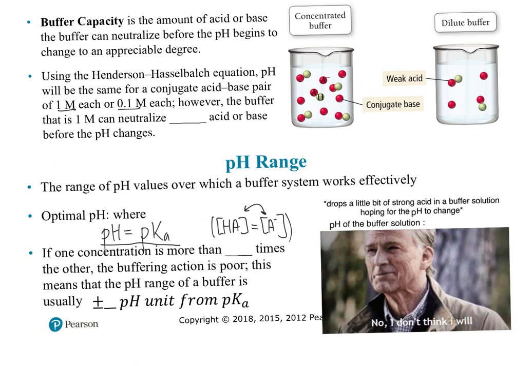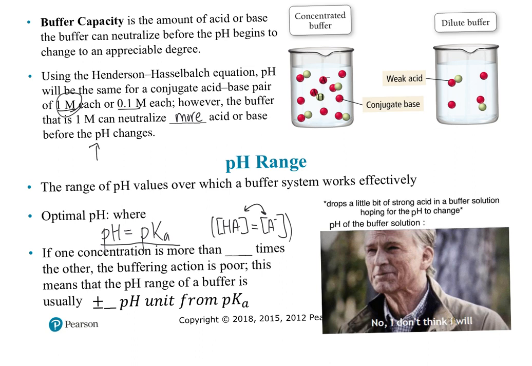But if I have 1 molar of my acid-base pair versus 0.1 molar, my pH will still equal my pKa, but my 1 molar solution can handle more neutralization. So I'm able to neutralize more strong acid or base before I change the pH if I have a concentrated solution.